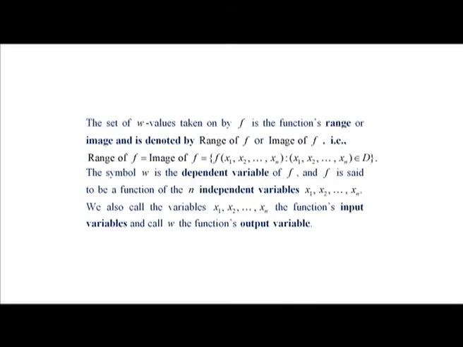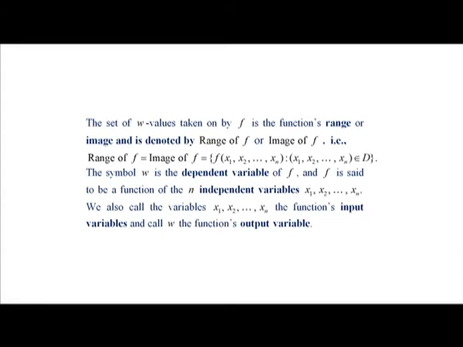The set of w values taken on by f is the function's range or image and is denoted by range of f or image of f. That is, range of f is equal to image of f is equal to the set of all f(x1, x2, etc., xn) such that the n-tuple (x1, x2, etc., xn) belongs to D. The symbol w is the dependent variable of f and f is said to be a function of the n independent variables x1, x2, etc., xn.